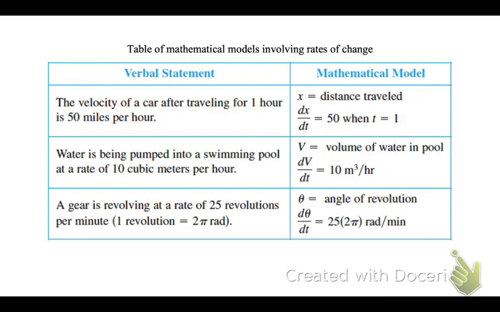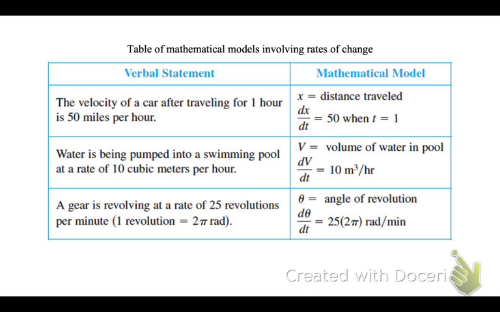Okay, here are some things. The velocity, vocabulary statement. The velocity of a car after traveling 1 hour is 50 miles per hour. x is distance traveled, dx/dt is 50 miles per hour when t is 1. See how the statement relates to the information? Water is being pumped into a swimming pool at the rate of 10 cubic meters per hour.